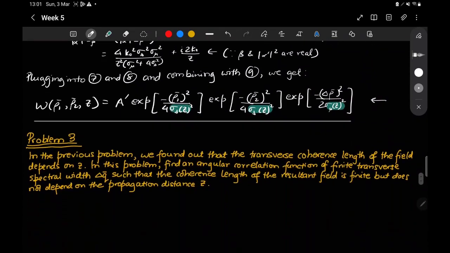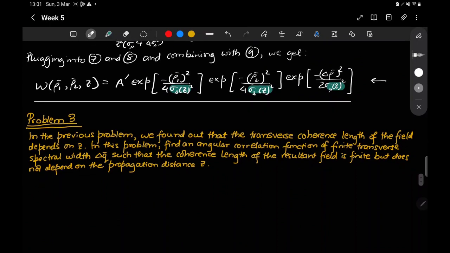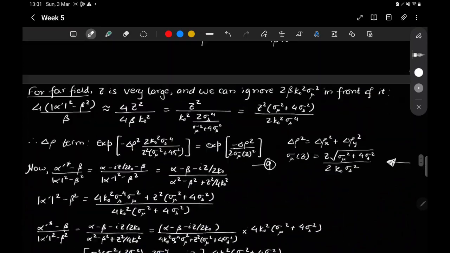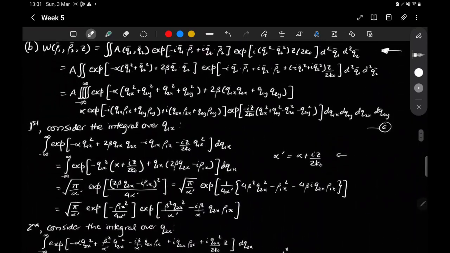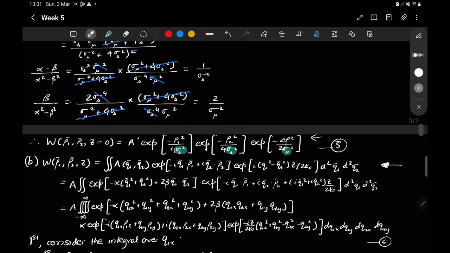Okay, so let us now start solving the question. Let me go back to this expression and copy it. This is the expression that we will be making use of.